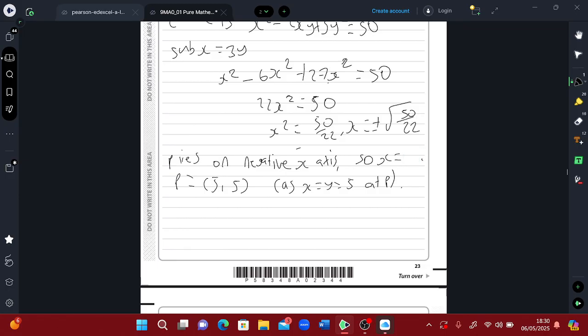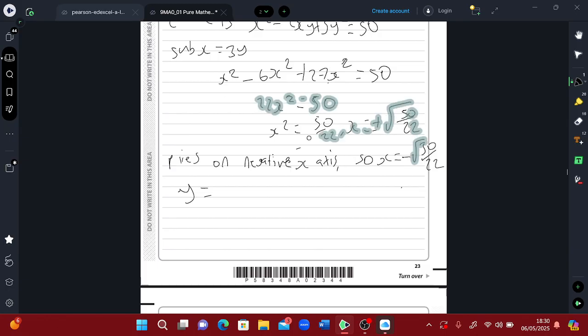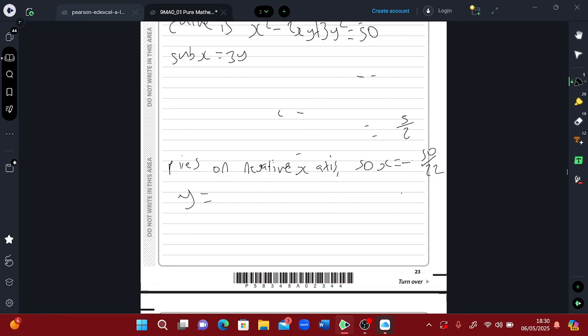So if it's on the negative, x has to be minus root 50 over 22. And because we know what x is, oh god damn it. We also know what y is because y is going to be a third of x. Wait, no, I've done it wrong again. You can tell I'm very, very rusty. It's meant to be in terms of y, not x here. God.